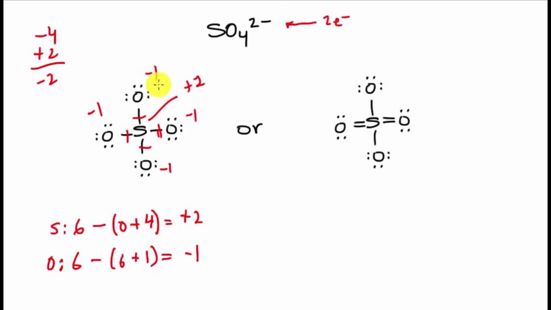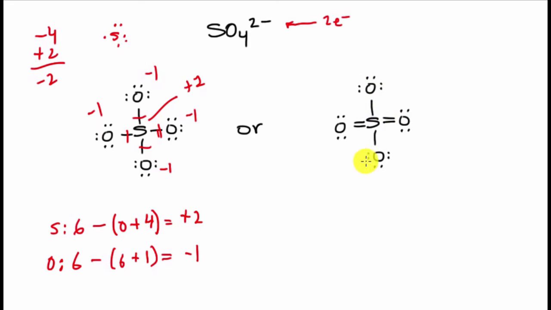Now, what this is saying is that the oxygens are pulling more electrons from the sulfur, because if you think about sulfur, it started with 6 valence electrons. But in this bond, somehow it's lost some of those, its lone pairs of electrons have been lost. So this is not looking too promising.